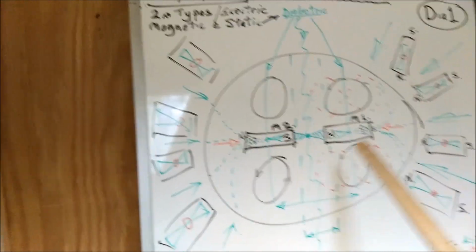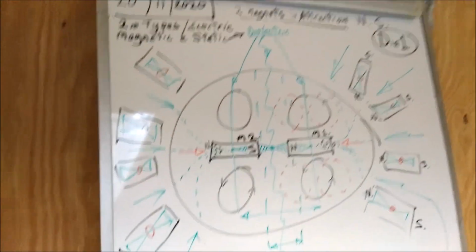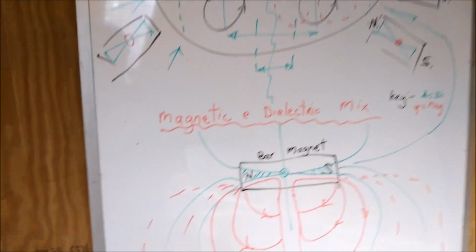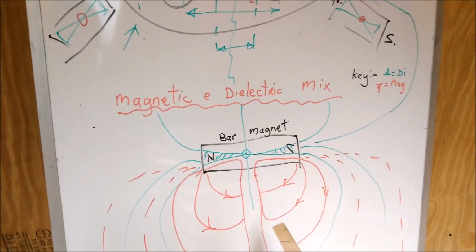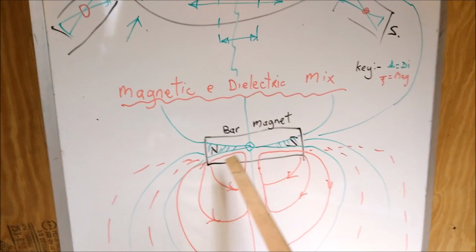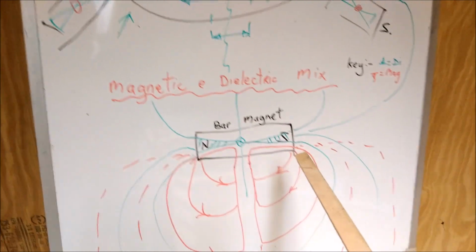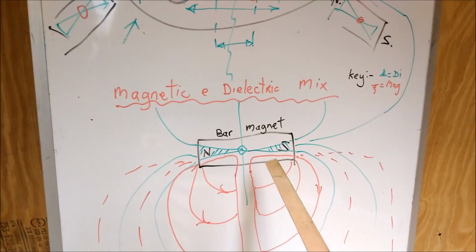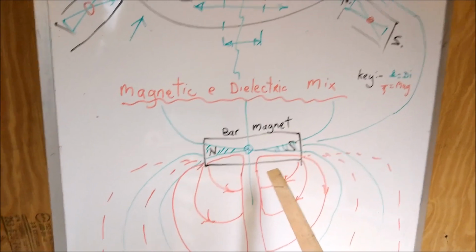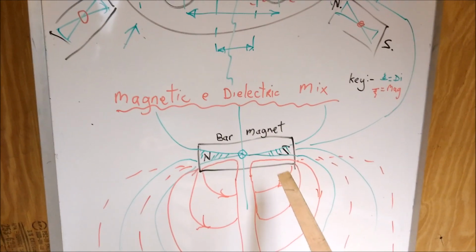So if we start by looking at a bar magnet, we've got north and south, and we've got what I call a magnetic and dielectric mix.